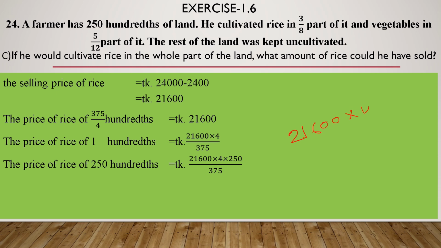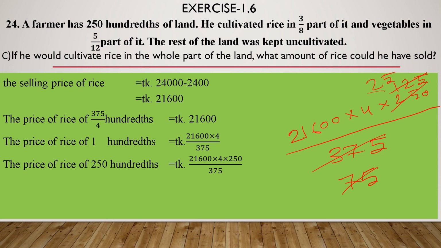Now if we reduce by 5, we will get 125, and here 5 7s are 35, 5 5s are 25. Now if we reduce by 5 again, it will be 5 25s, and it will be 15. And if we reduce again, 5 5s are 25, 5 3s are 15.